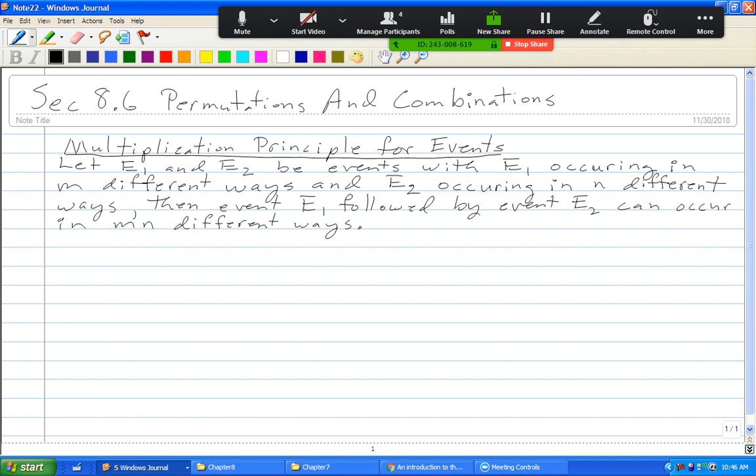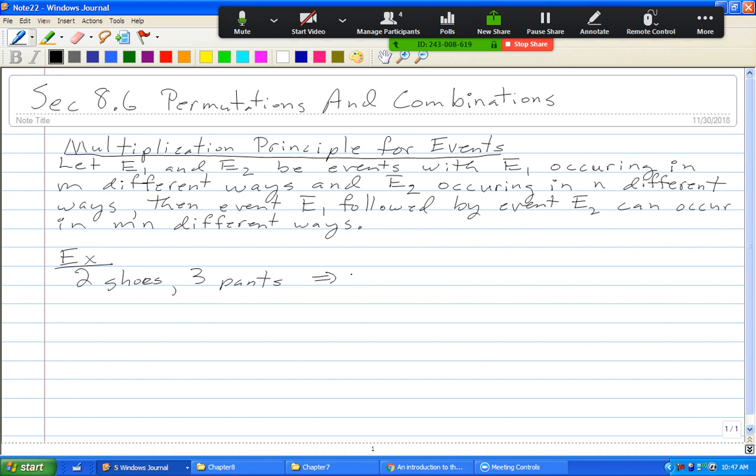So, for example, if you have, let's say, 2 different pairs of shoes, and you have 3 pants, then they can occur in 6 different ways.